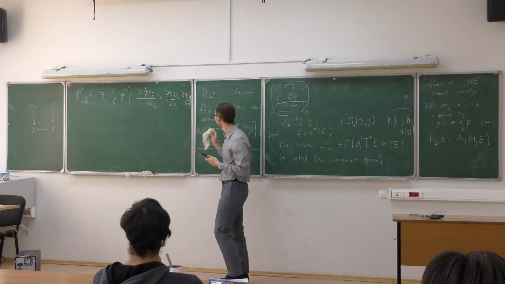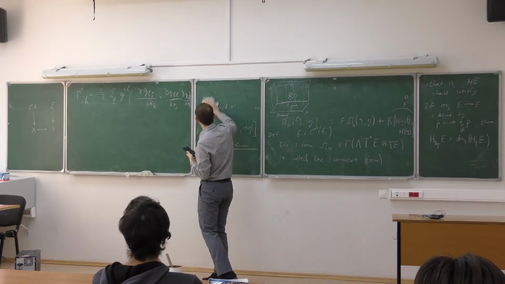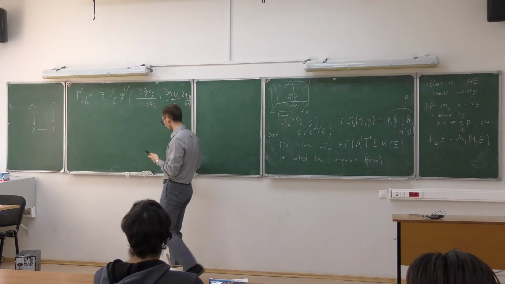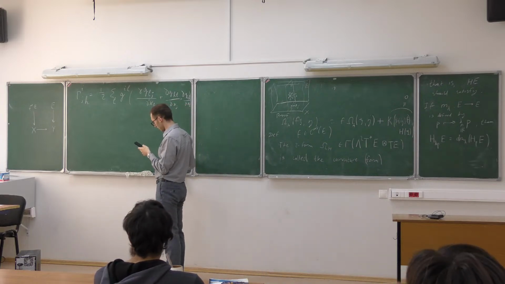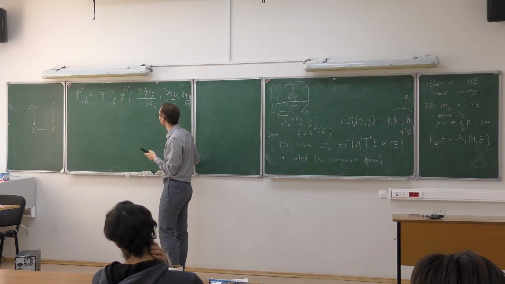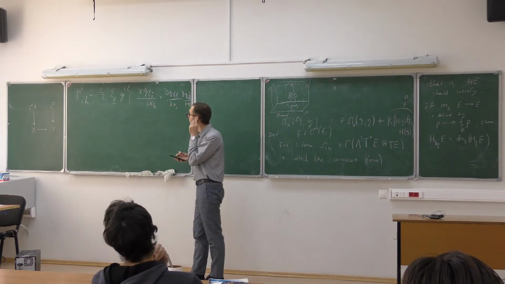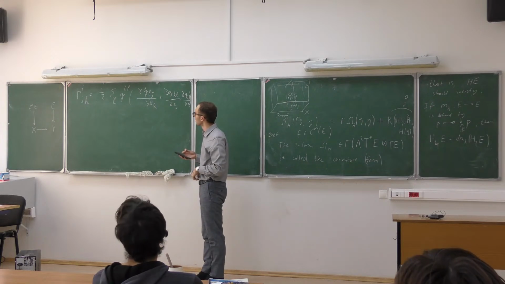Something like that. So G with upper indices is just the inverse of G with lower indices. Inverse, you mean?